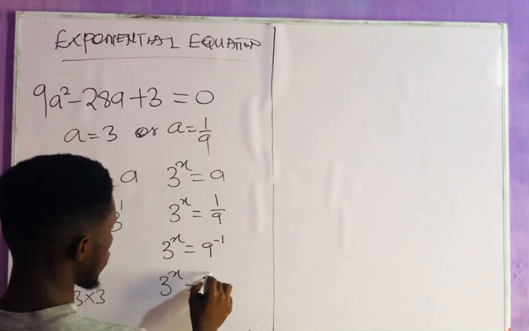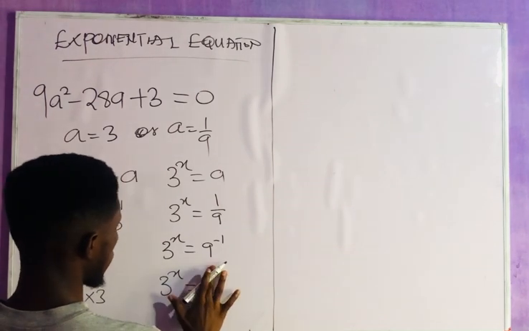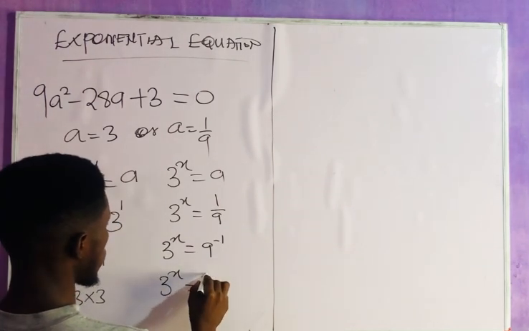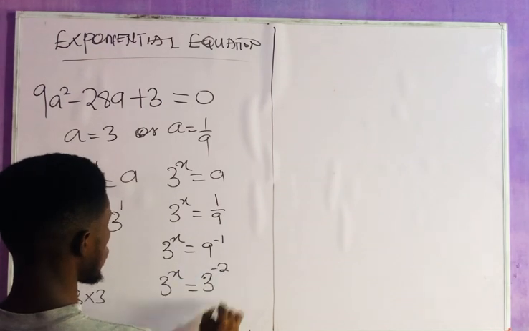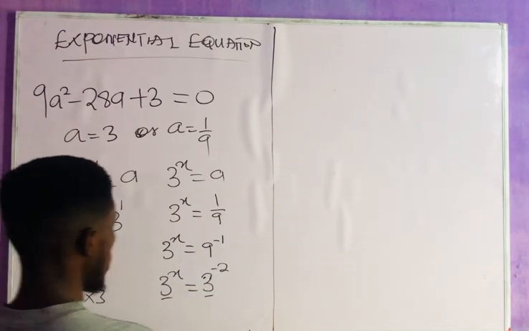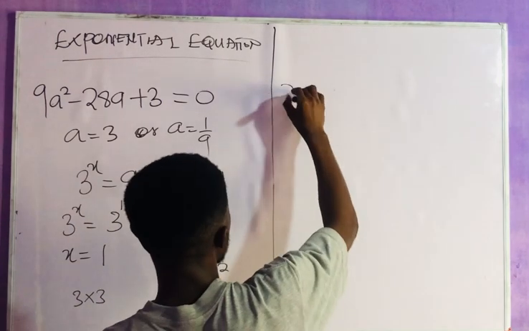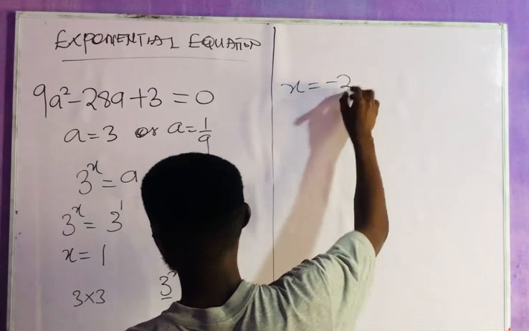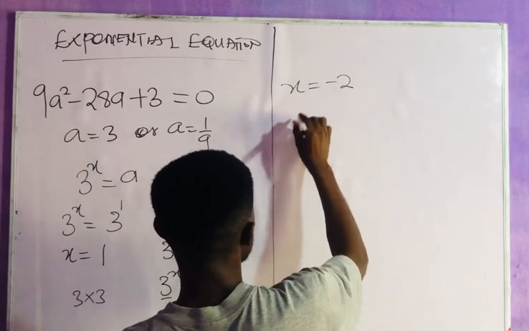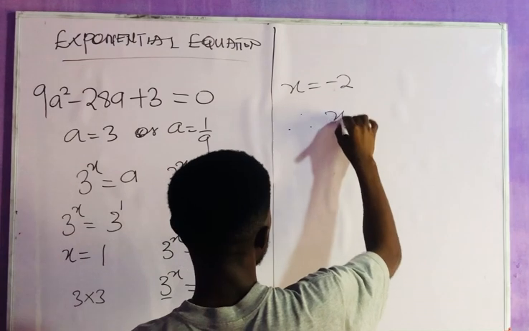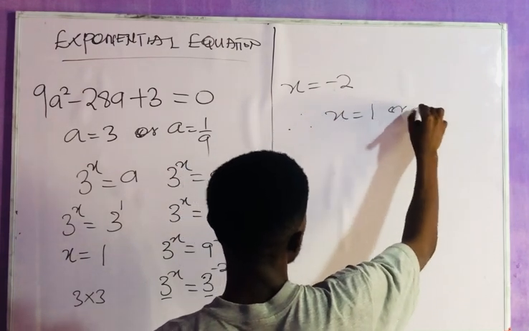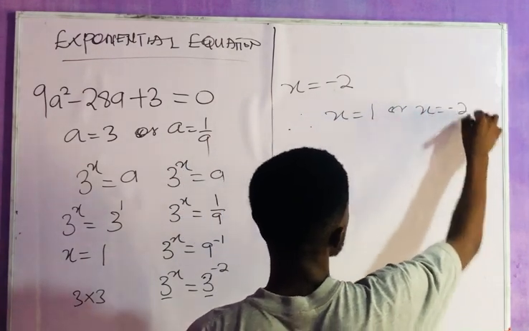So that will be 3 to the power 2. There's a negative here, so it will be negative 2. Now I have the base to be the same. So I have my x equal to negative 2. So therefore, my x equals 1 or x equals negative 2.